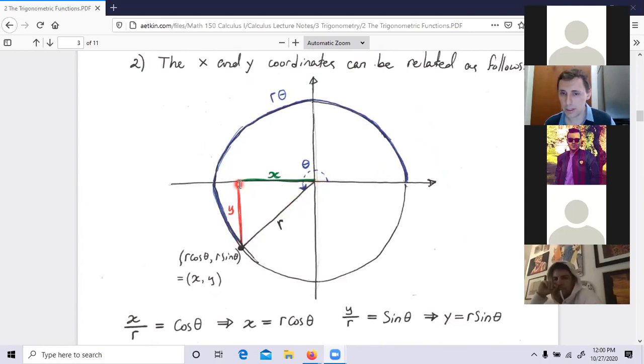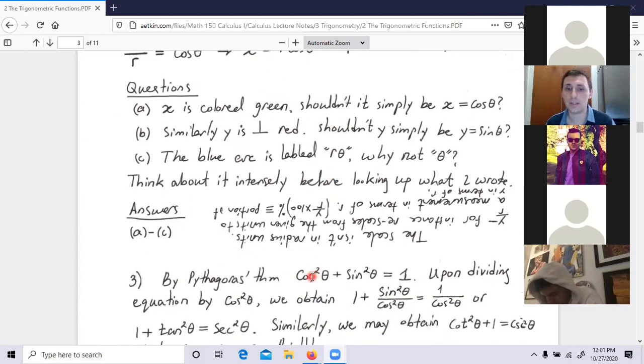Because we measure this length in radius units, this length in radius units, and the hypotenuse in radius units. The hypotenuse is then 1. So this squared plus that squared equals 1. The sum of the squares of the legs equals 1. That's why we have cosine squared plus sine squared equals 1. Very easy correlation. Yes, guys?